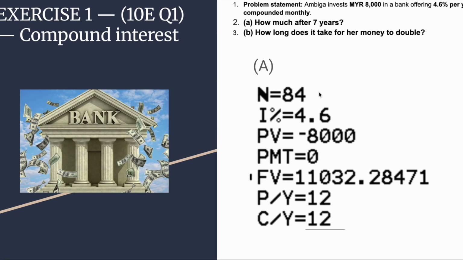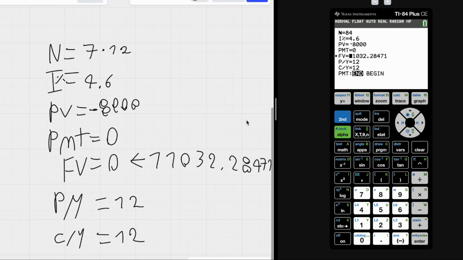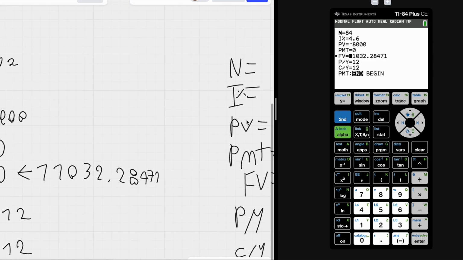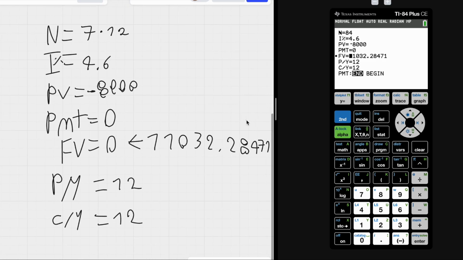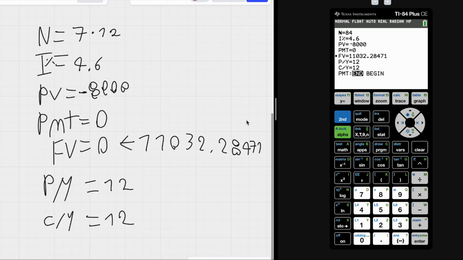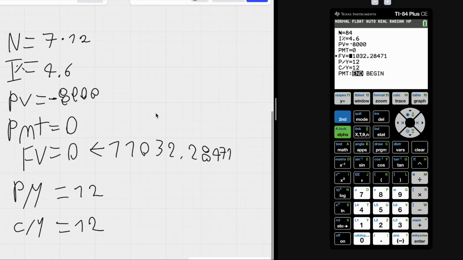So the next question is, how long does it take for her money to double? What does this mean? This means that we need to know how long it will take for her to double her money. So how do we know what is the double of her money?